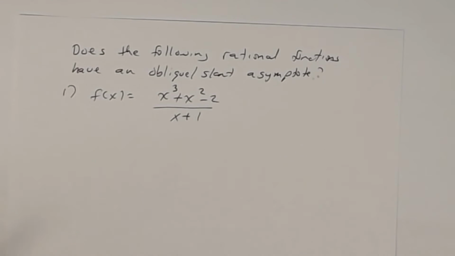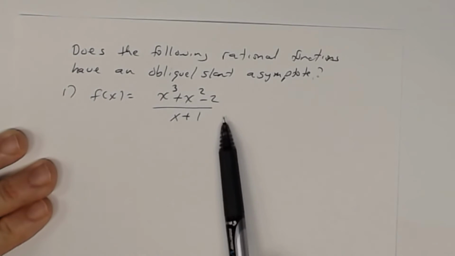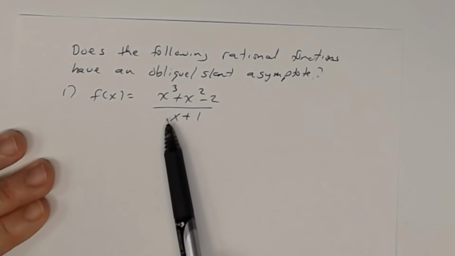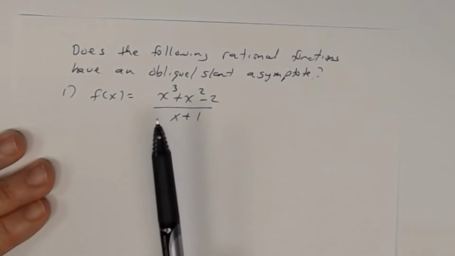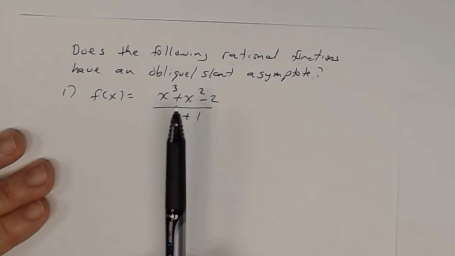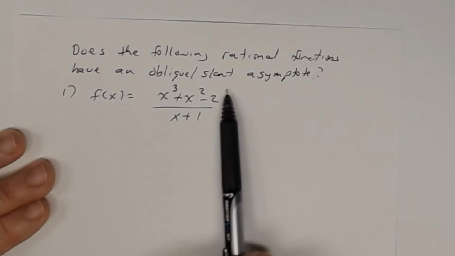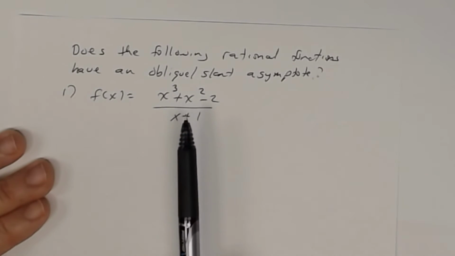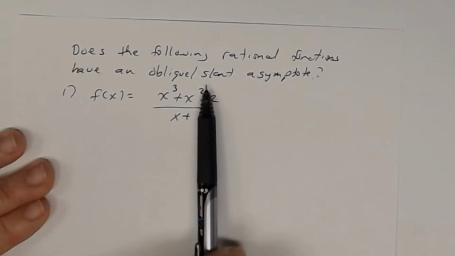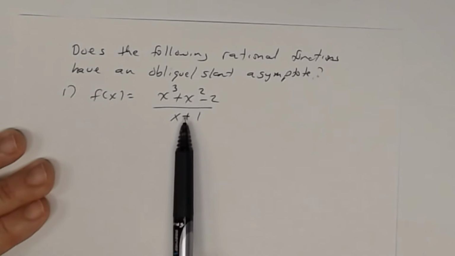All right, so remember, the degree of the numerator is larger than the degree of the denominator, correct? But for you to have an oblique asymptote or a slant asymptote, remember an oblique or slant is a line. In order for you to have a line, the degree of the numerator has to be one more than the degree of the denominator.